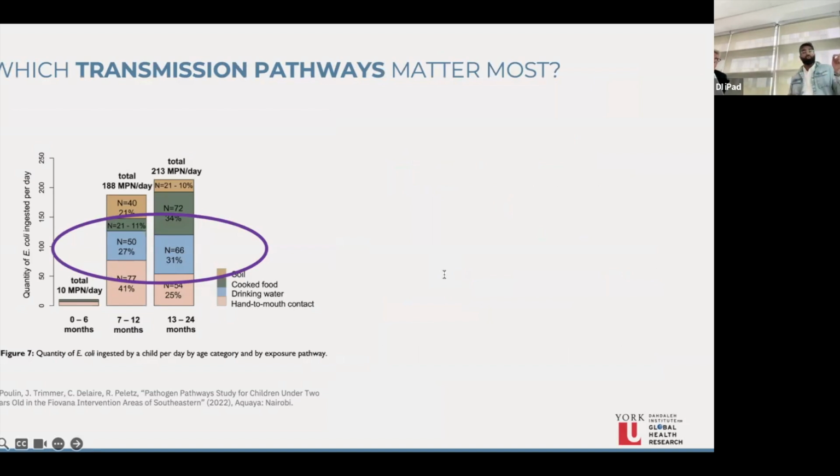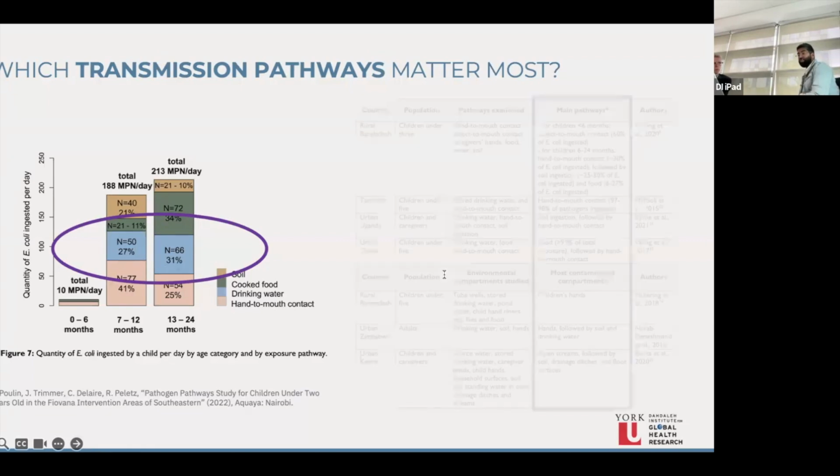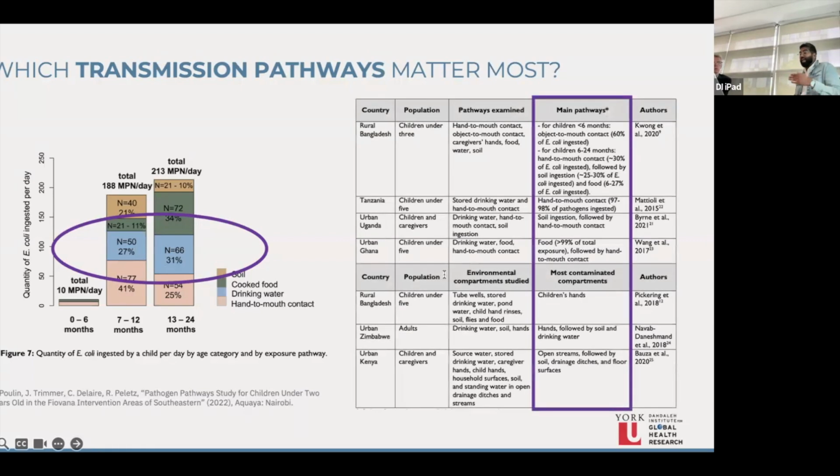There's a recent study done in rural Madagascar by Poulin and colleagues, which showed that in children up to 2 years of age, between 27% and 31% of exposure to E. coli, which is an indicator of waterborne pathogens, was due to the drinking water pathway, with cooked food and hand-to-mouth contact being other important contributors. But that was one study, and they looked at a bunch of other studies in that paper, and it showed there's a great diversity of pathways in different studies.